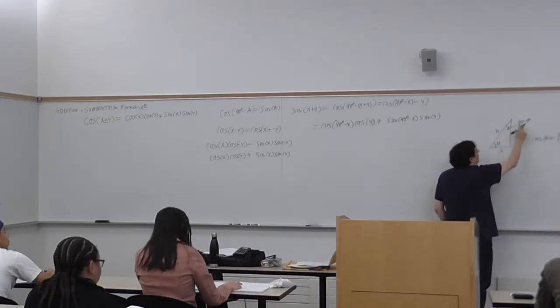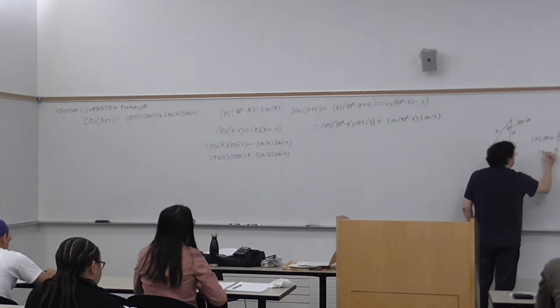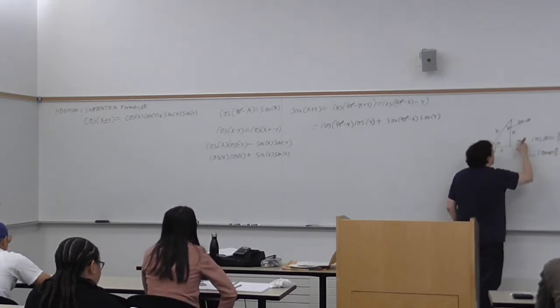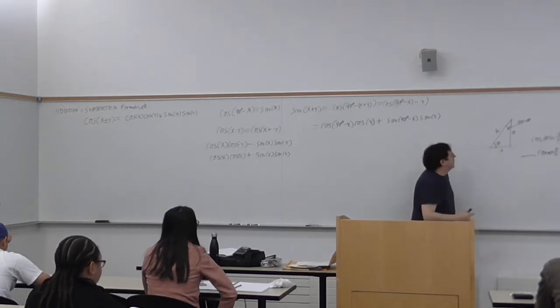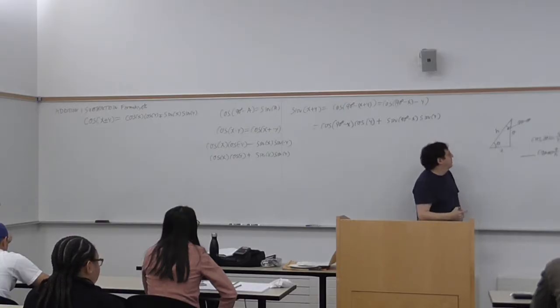What is A over H to this angle? What function goes here? This is now the opposite over the hypotenuse.